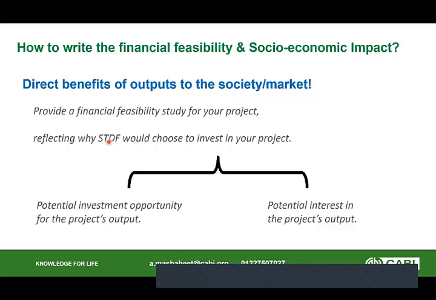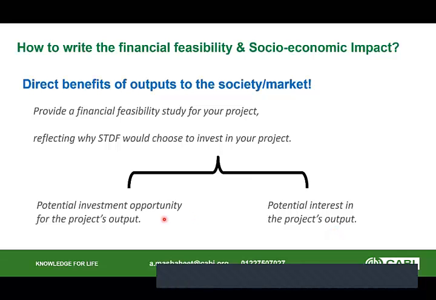They ask for the potential investment opportunity for the project's outputs, and also they request the potential interest in the project outputs, even if people are going to wait until the outputs are ready and complete.